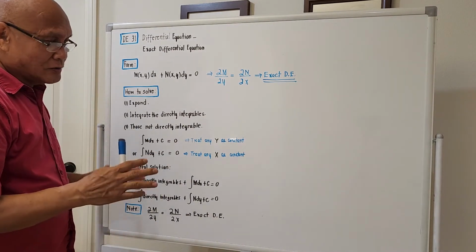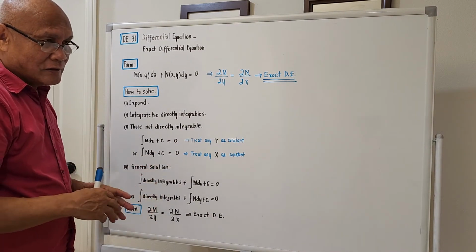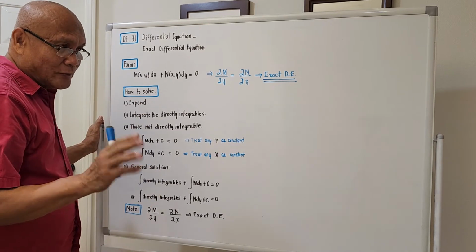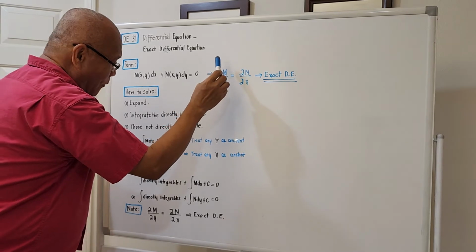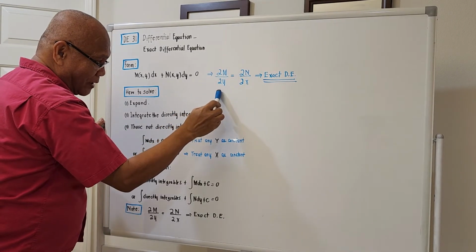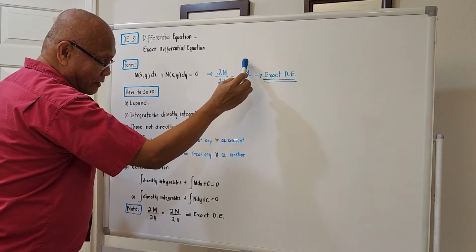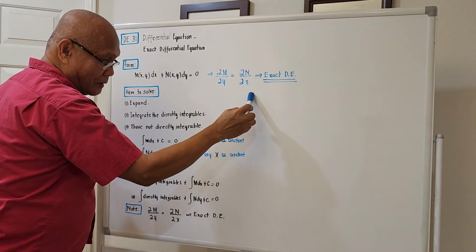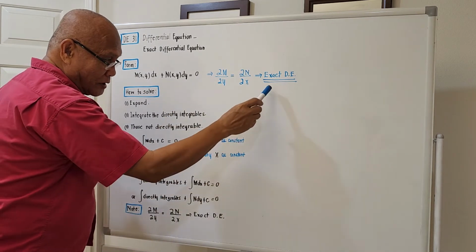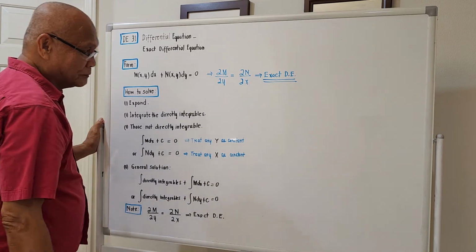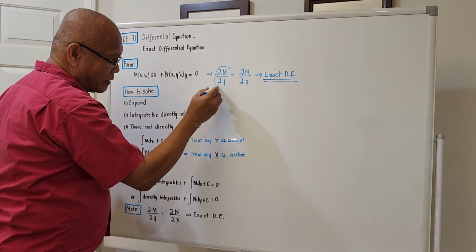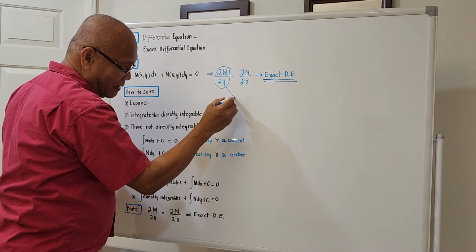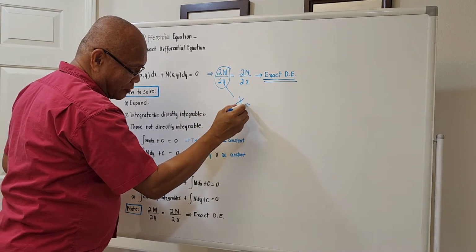That's the so-called sign for it to be an exact differential equation. If you take the partial derivative of M with respect to y, and this is equal to the partial derivative of N with respect to x, the given differential equation is an exact differential equation. While we are taking the partial derivative of M with respect to y, treat x as constant.